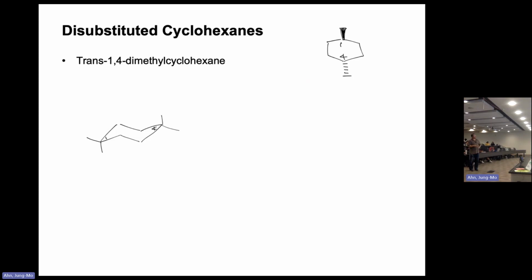And then carbon number 4, the methyl takes the downside compared to the hydrogen, which should be shown with the wedge. Even though it's not shown, it's there. You just don't draw the hydrogen, right? That's why the hydrogen is here with a wedge. So the methyl should take the downside compared to the hydrogen. That's the upper side, that's the downside. So both methyls go on the equatorial side. That's the stable chair conformation.